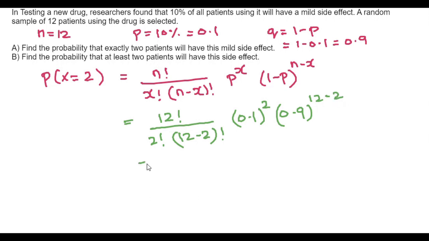By simplifying, 12 factorial divided by 2 factorial, 10 factorial, times 0.1 squared and 0.9 to the power 10.